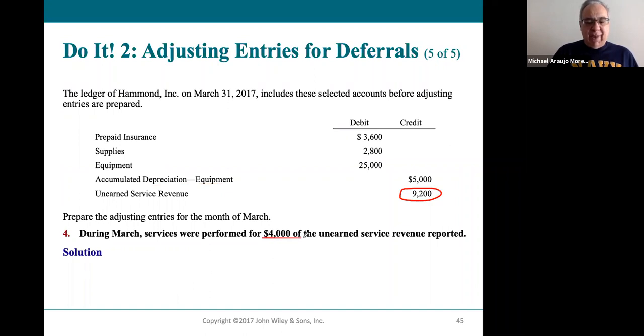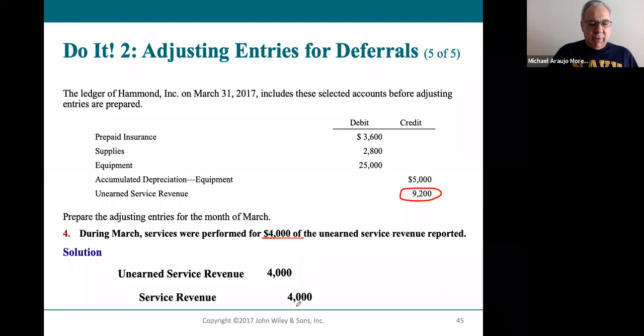We performed 4,000 of that. So that liability now needs to be adjusted. How do we adjust it? Well, we lower the liability account with a debit, and we move that 4,000 into revenue because now we earned it. And that is how that would work.